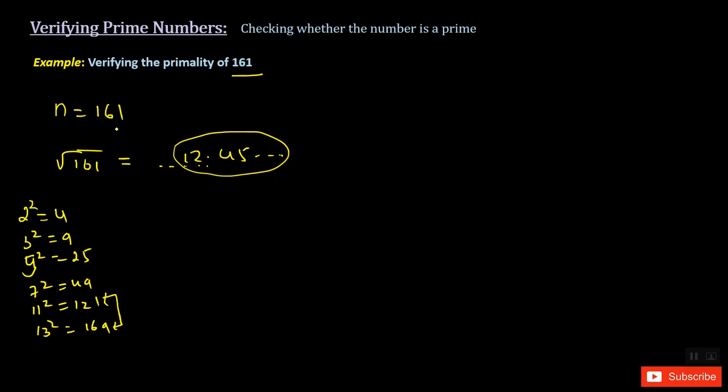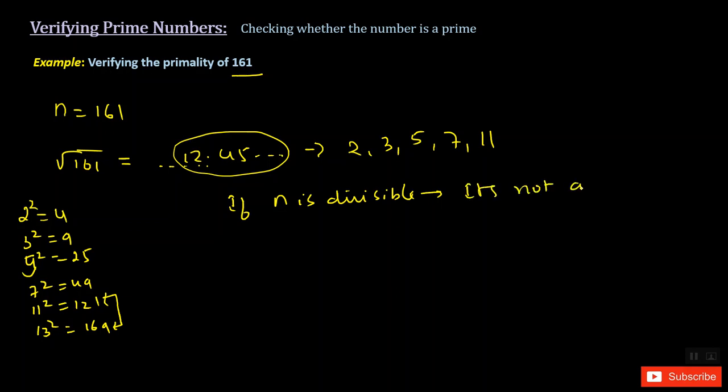So we have to divide this number by all the prime numbers which are smaller than 12. Which are those? 2, 3, 5, 7, 11, right? If n is divisible by any of these numbers, then it's not a prime.